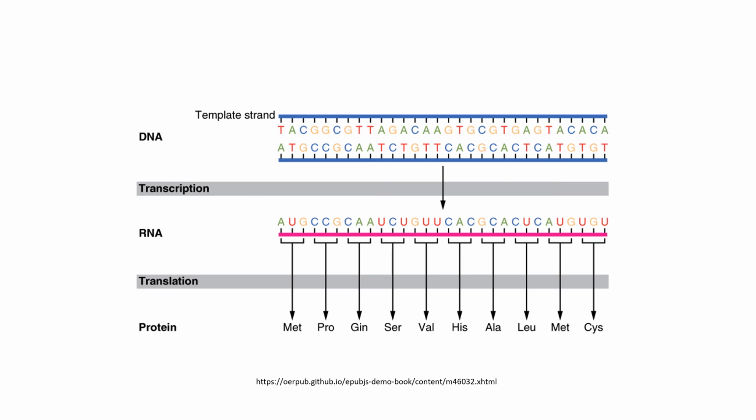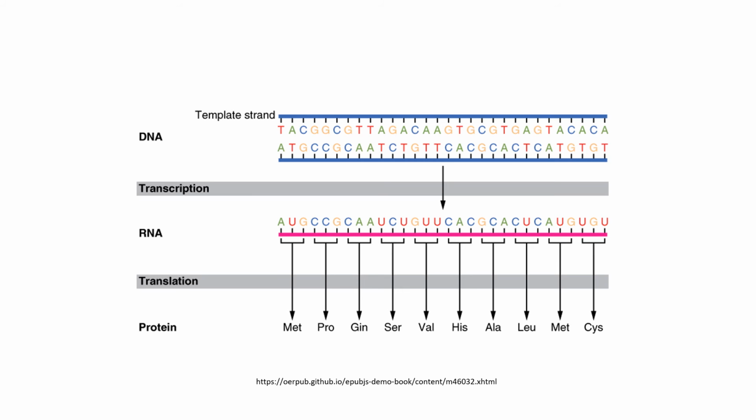So we see, for example, that AUG corresponds to MET. That stands for the amino acid methionine. CCG stands for the amino acid proline, and so forth.